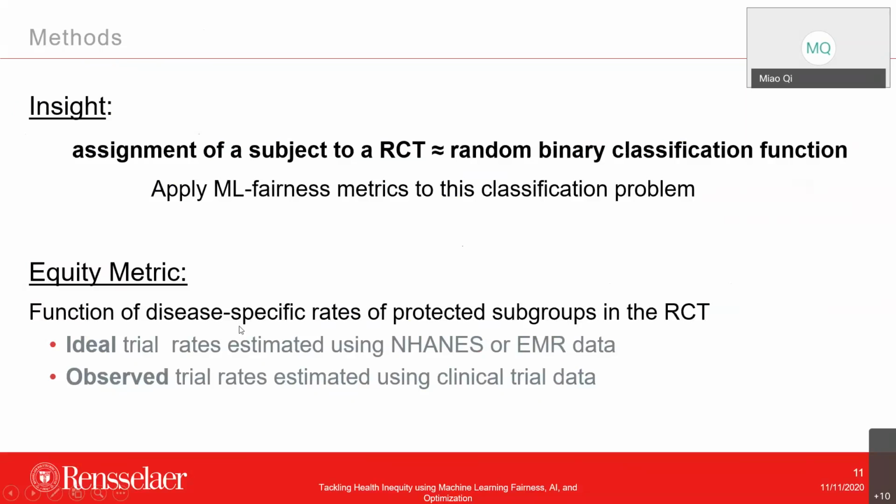And in this function, we need to use the ideal trial rate, which is estimated in our study using the enhance, but it can also use other sources like electronic medical records data. And the other data we used is the observed trial rates, which is estimated using the real clinical trial data.